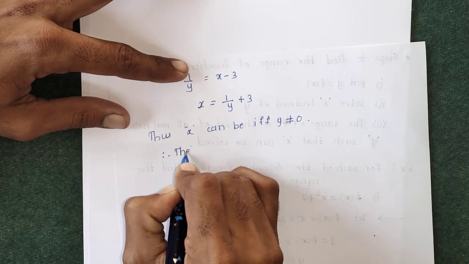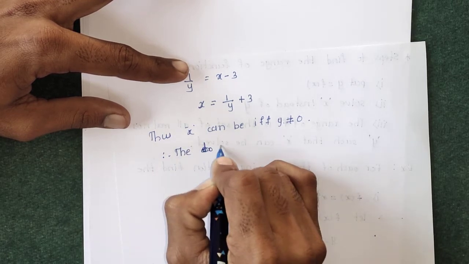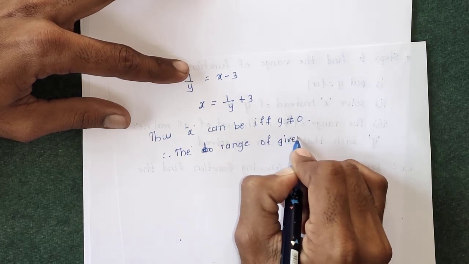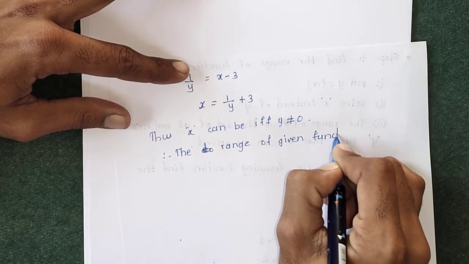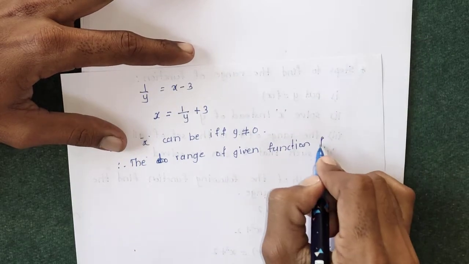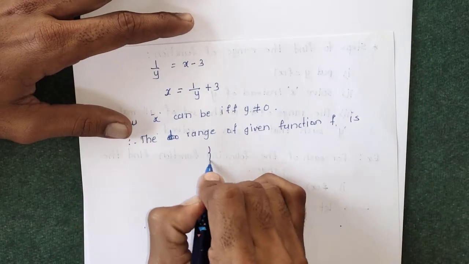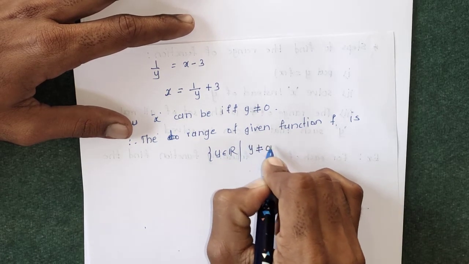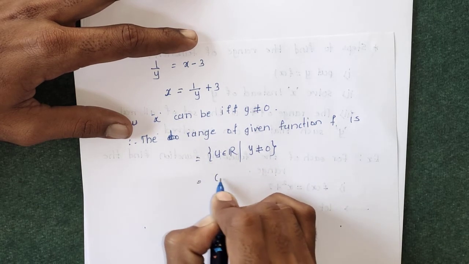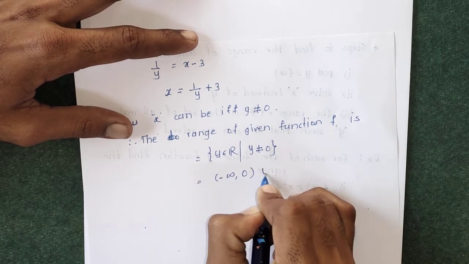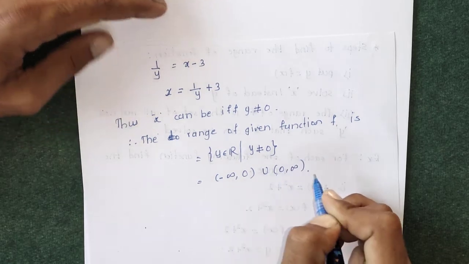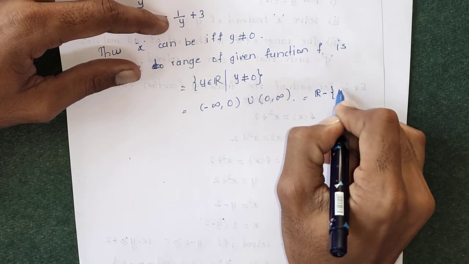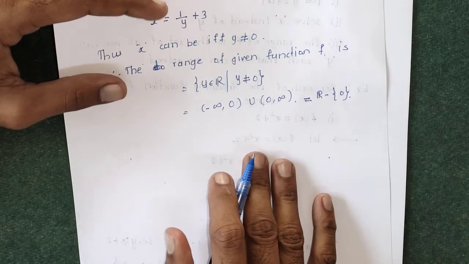Therefore, the range of the given function f is y belongs to R, the set of all real numbers for which y is non-zero. We can write this as minus infinity to 0 union 0 to infinity. This is the range of the given function, or we can write it as R minus the singleton 0 also.